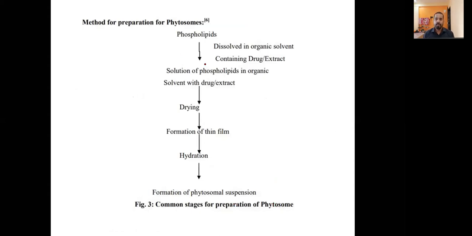Now let us look at the method of preparation of phytosome. The phospholipids are taken, then dissolved in the organic solvent containing the drug extract. So first take the drug extract and organic solvent mixture, to that add phospholipid. This solution of phospholipid in organic solvent with the drug extract will form a solution.